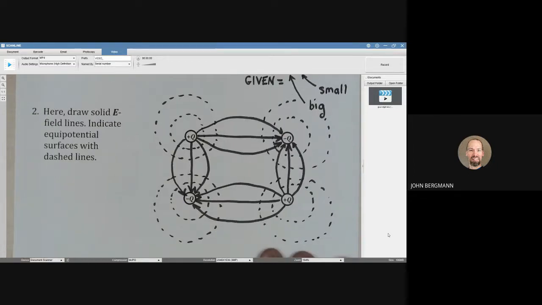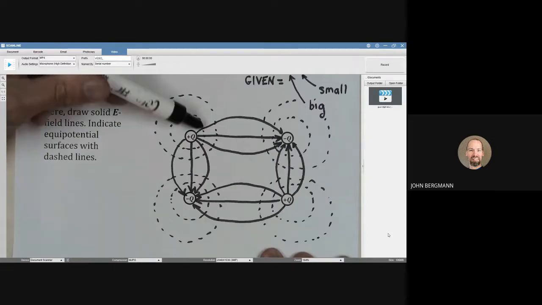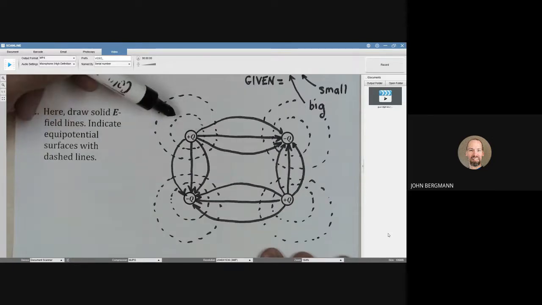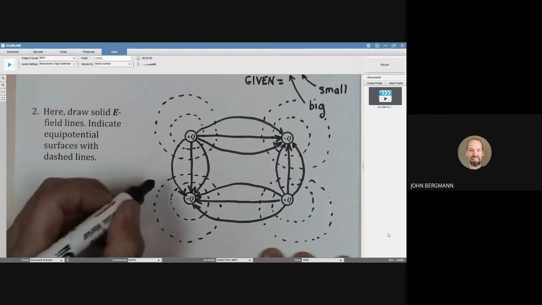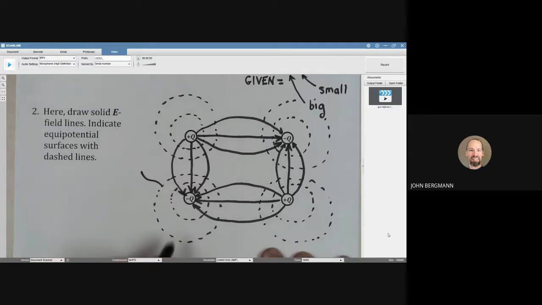Each of these is a three-dimensional thing. So this is maybe not exactly a sphere, but it's some sort of sphere-like shape. And the potential at every point on that sphere right there, every point on that sphere right there, etc., is equal to all the others. In fact, for this one that I'm pointing at here near the middle of the screen at the bottom, this potential will be negative, and it will be fairly large because it's pretty close to this negative charge.